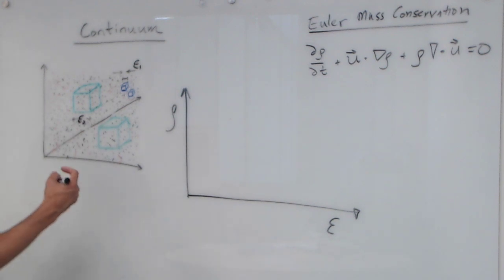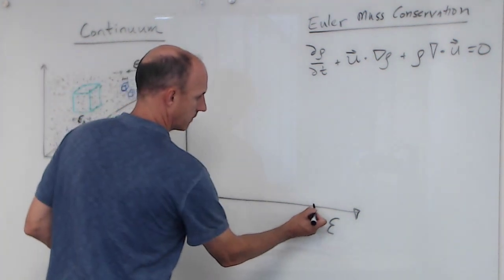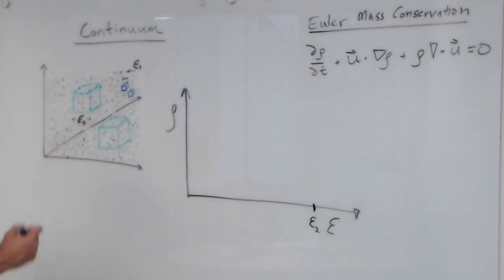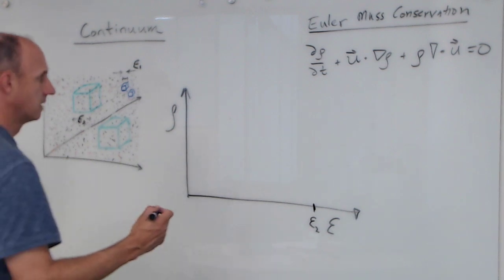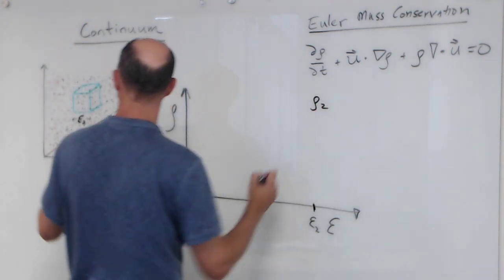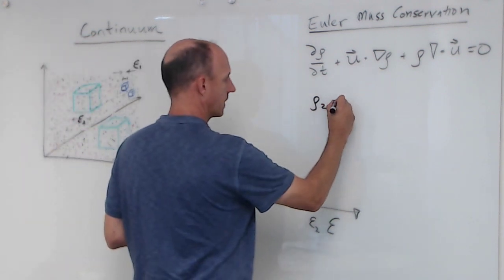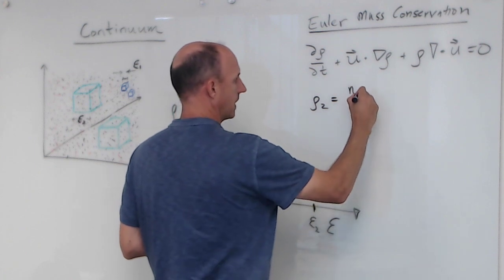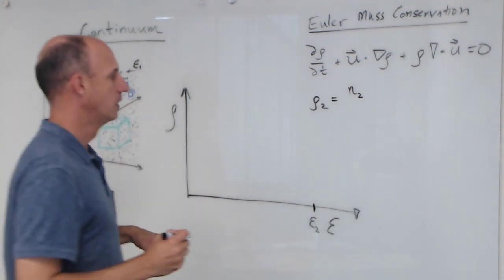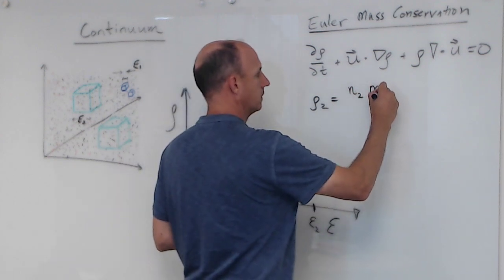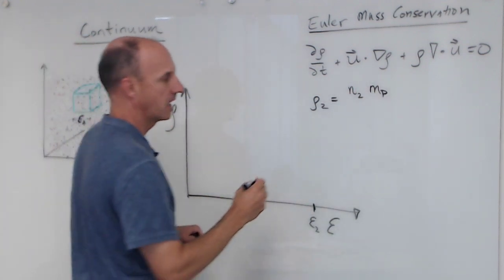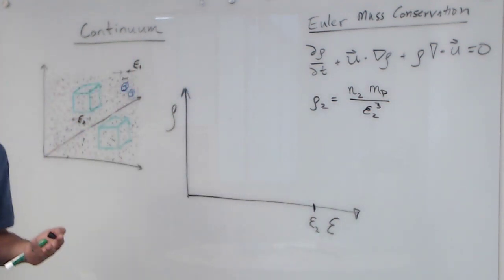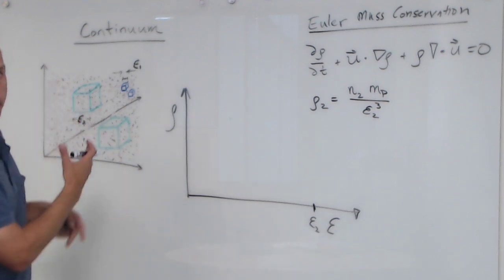So I can imagine that I'm out here at some value of epsilon equal to epsilon 2. If I wanted to compute the density at that location, I could say, well, density for box size 2 would be equal to the number of particles inside the box. We'll call that N2. We'll multiply by the mass per particle, MP, and we'll divide by the volume, epsilon 2 to the third, and that would give me an estimate of the density inside that box.